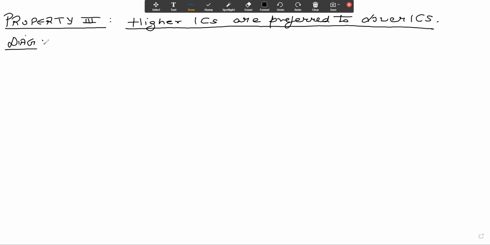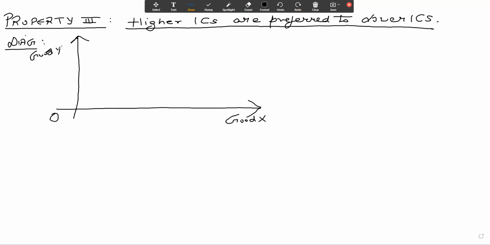Again, a diagrammatic representation would help to explain this property. If I have good X on the horizontal axis and good Y on the vertical axis, let me take a point. Suppose this is point A, and point A corresponds to X1 amount of good X and Y1 amount of good Y. Suppose I have an indifference curve passing through point A. Suppose this is my IC0, the initial indifference curve.